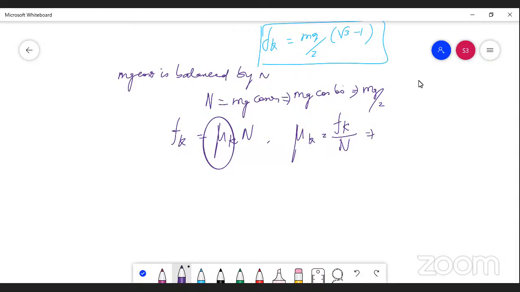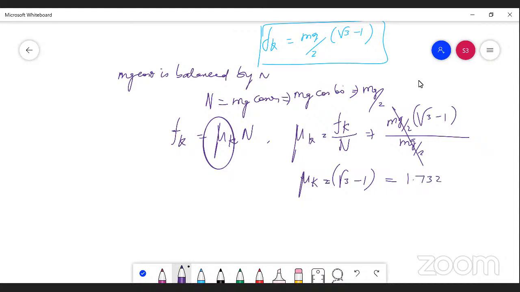We already had the expression mg by 2 into root 3 minus 1, divided by the normal reactive force, which has been calculated as mg divided by 2. This gets cancelled out. So simply mu k is equal to root 3 minus 1. This is otherwise represented as 1.732 minus 1. This is 0.732. So the coefficient of kinetic friction is equal to 0.732, which is root 3 minus 1.